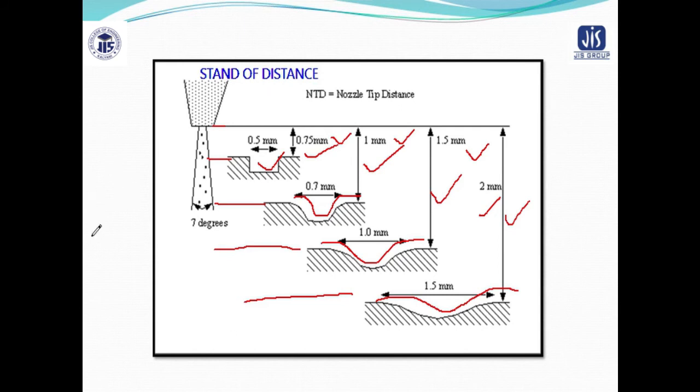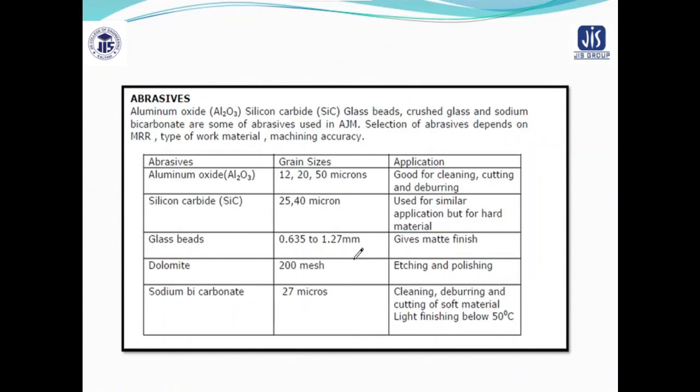Now let's move to the next slide. So these are the various abrasive particles that we have already discussed. If I want to have very good cleaning, cutting and deburring, then what type of abrasive should we use?